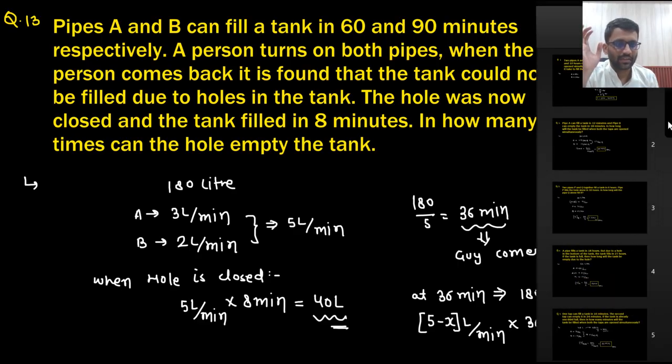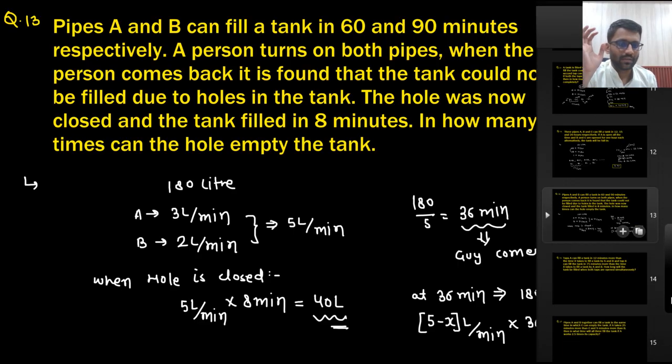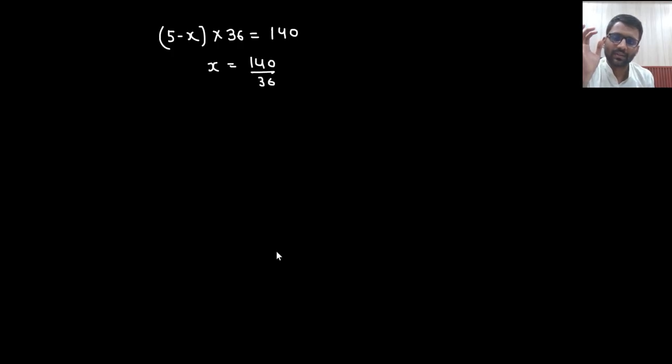So let's add a page. So 5 minus x was running for 36 minutes, and we were getting 140 liter. So the x value we need to find. 140 by 36, 5 minus x equals 140 by 36, so x is 5 minus 140 by 36.